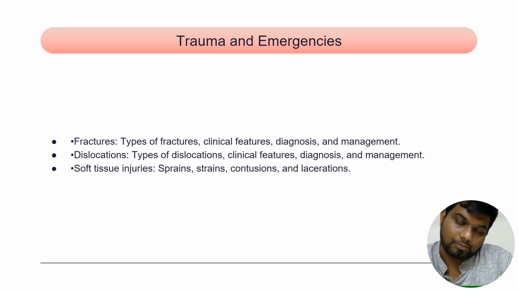And soft tissue injuries like sprains, contusions or lacerations could also be discussed. So the main areas of interest in trauma and emergencies are dislocations, fractures and soft tissue injuries. Among them, the named fractures, the type of dislocation and nerve injury are pretty high yield, and you should not forget them.